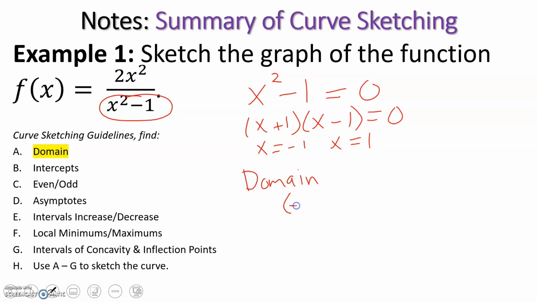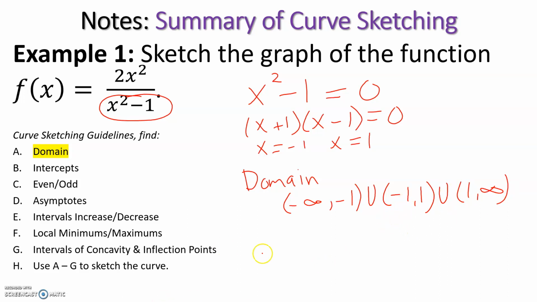So that is negative infinity to negative 1, union, negative 1 to 1, union, 1 to infinity. Now, each piece of information is going to provide us something that helps us sketch the curve. Let's go ahead and look at the next part.